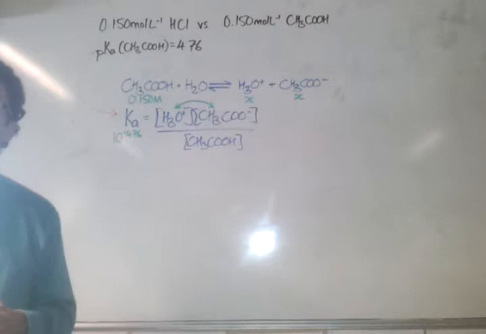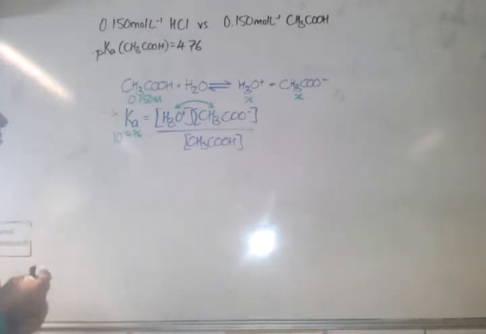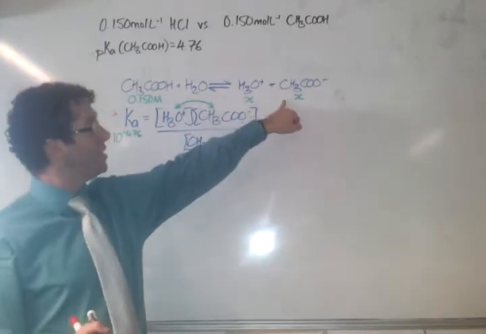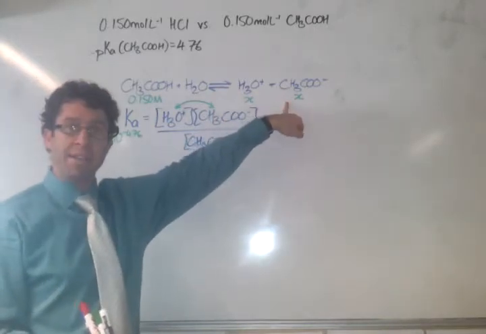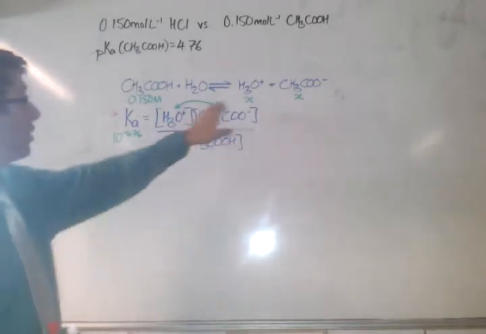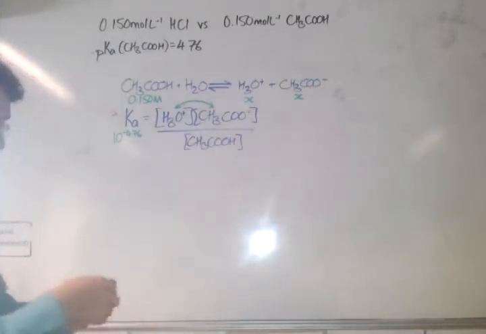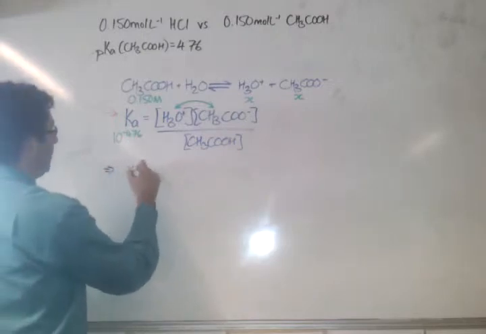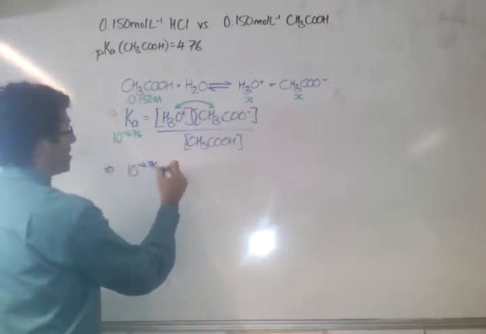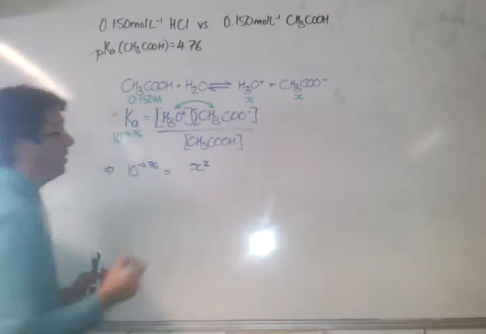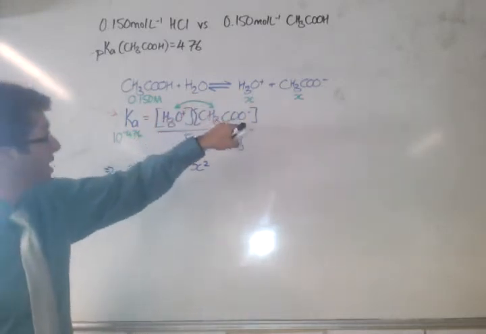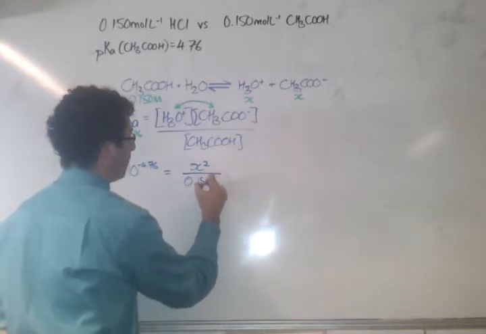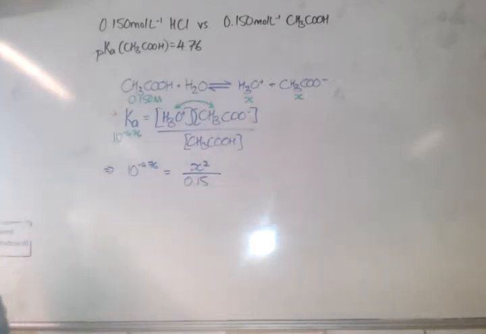To find the pH, we want to know the hydronium ion concentration. We've made an assumption that the hydronium ion concentration is the same as the ethanoate ion. And we've called it X for simplicity. So if I was to rewrite this equation, it becomes 10 to the power of negative 4.76 equals X squared, because this is X and this is X, over 0.15.